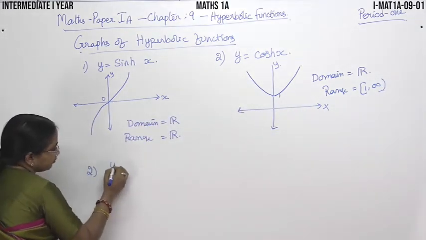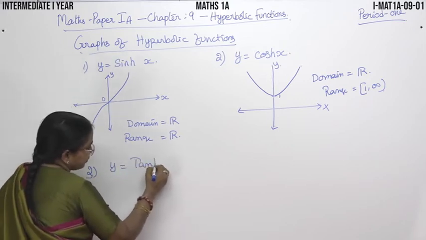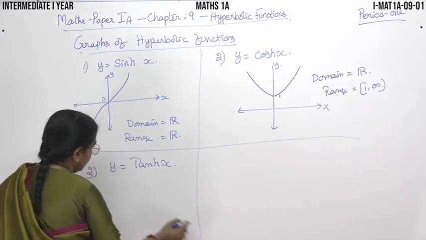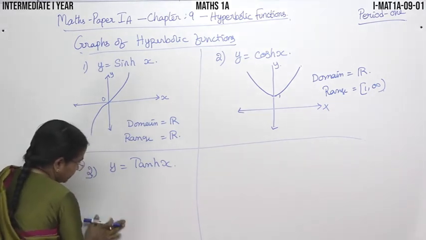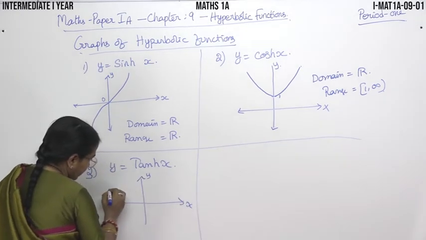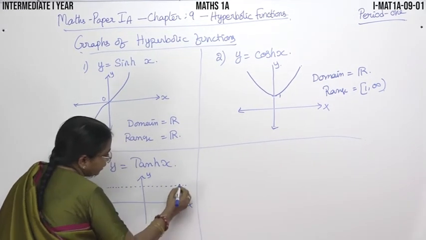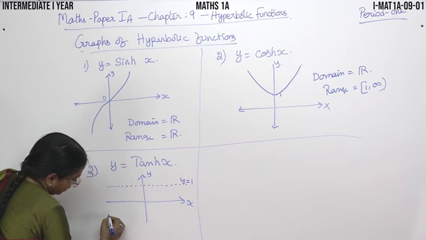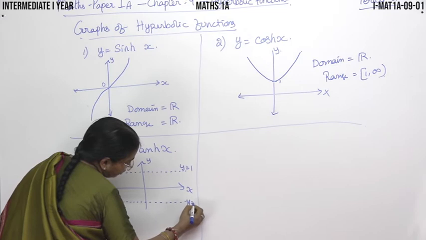The next, third one, is y is equal to tan hx. So the graph is like this. This is x-axis, y-axis, and you just draw a line. This is the line y is equal to 1, parallel to x-axis. And then another line like this. This is the line y is equal to minus 1.